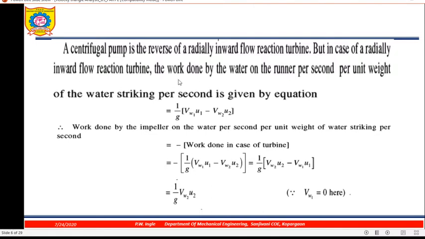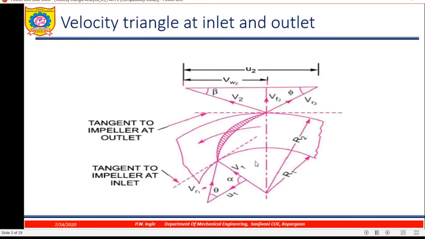In case of a radially inward flow reaction turbine, work is done by the water on the runner per second per unit weight of water striking. So it is 1 by G (VW1 U1 minus VW2 U2) when beta angle is more than 90.